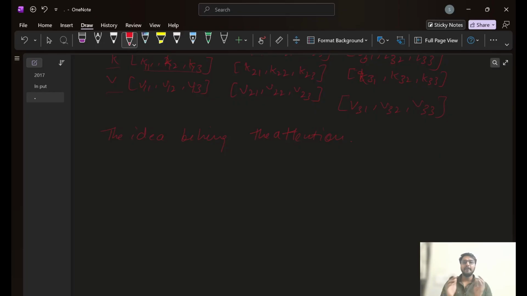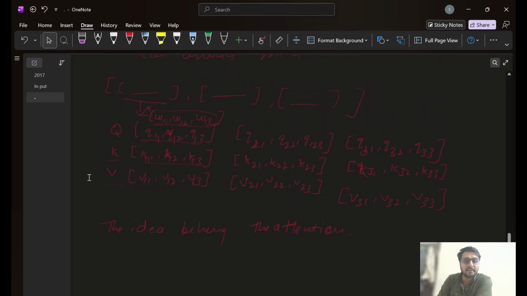So the idea that attention is using is so simple: we query, we get keys, and in those keys, we select any one key and get our value. That is why we create three vectors, query, key, value vectors, using our initial input embeddings.